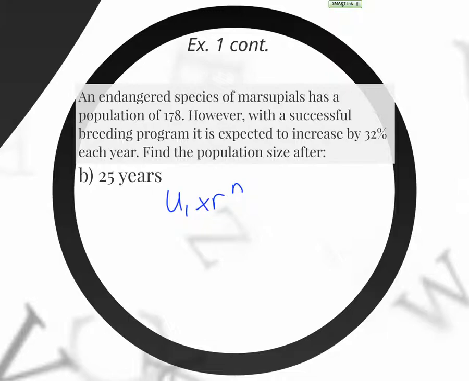Alright, what'd you guys come up with? How many marsupials will there be after 25 years? Okay, so Jerome, what did you get?